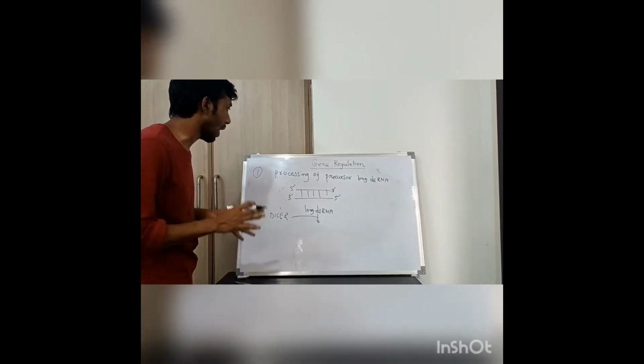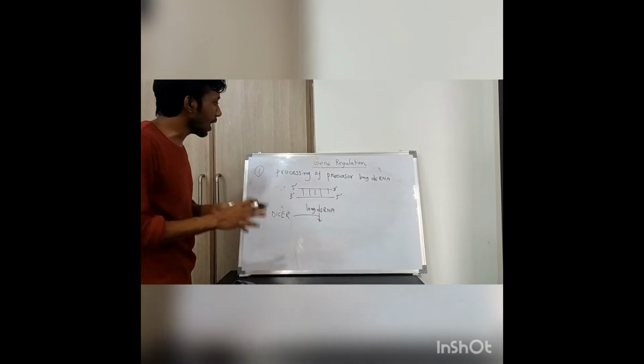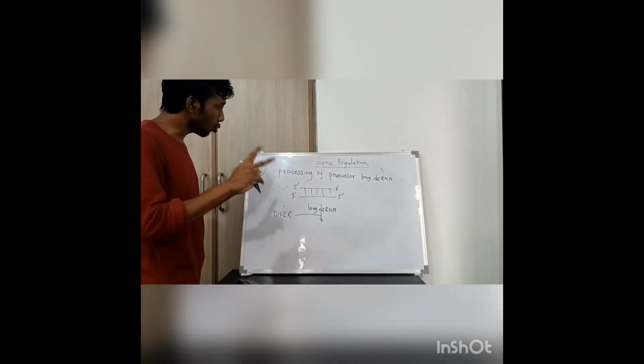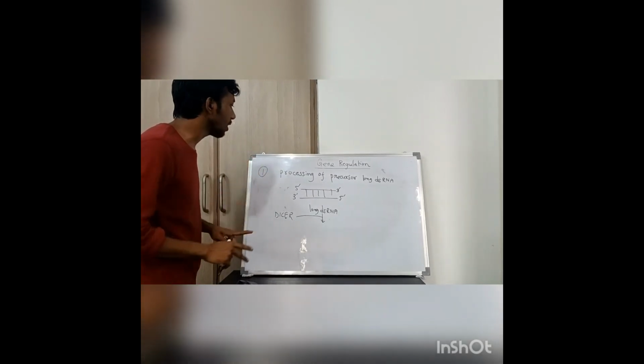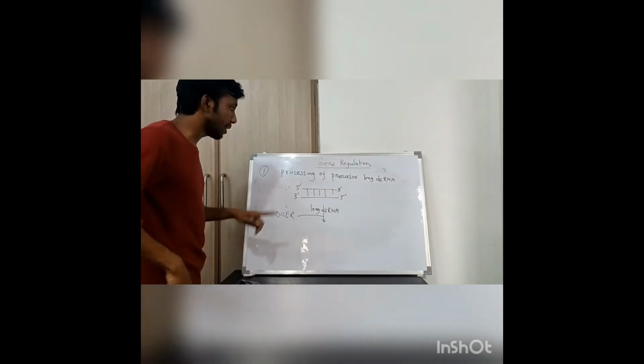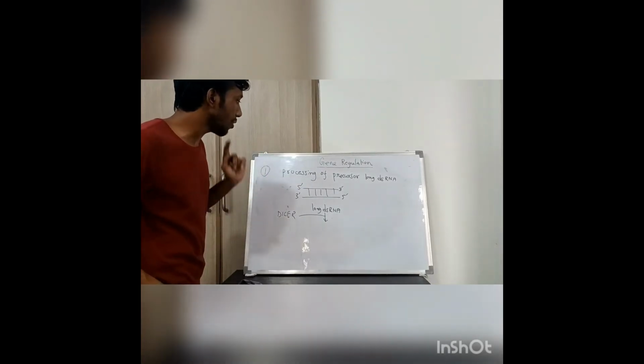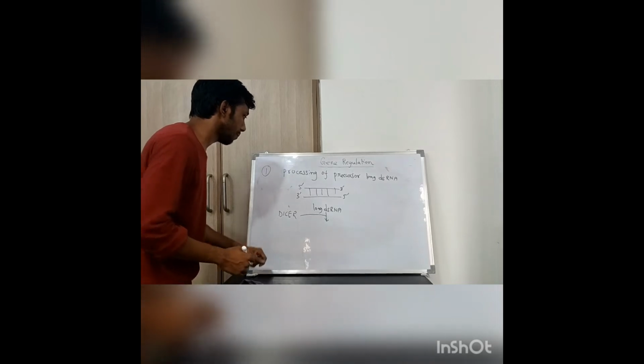Those are called siRNAs. And this siRNA should possess 2 nucleotide 3 prime overhanging regions. Let's see this diagram.